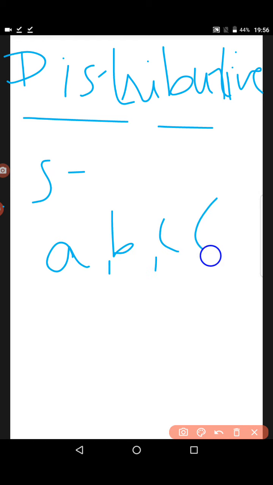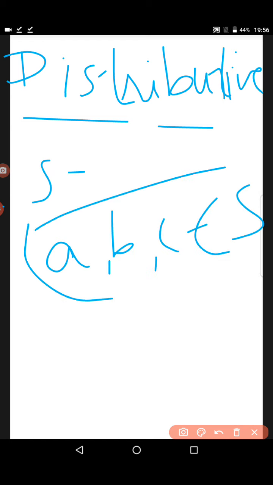Let S be a non-empty set. S should be a non-empty set, and any numbers A, B, C should belong to S. This is a very important condition. Now I will show you some scenarios.